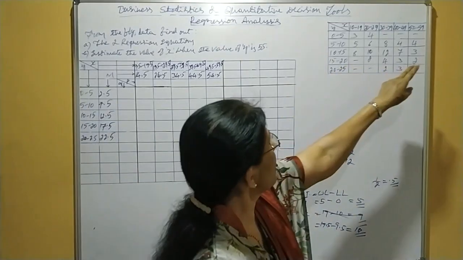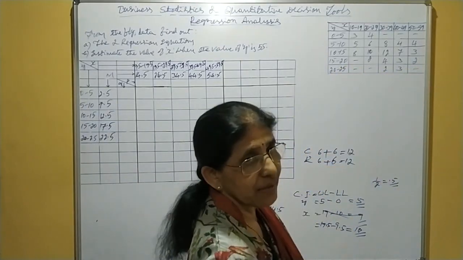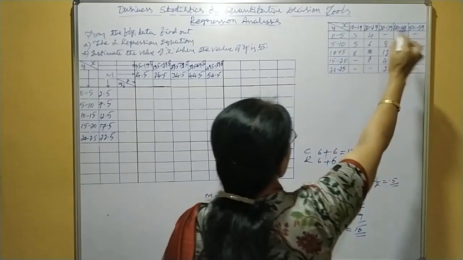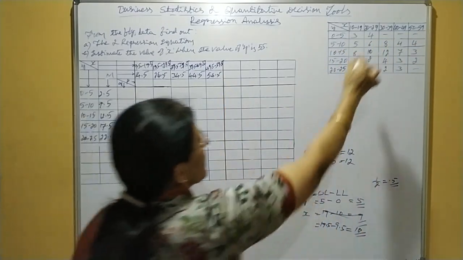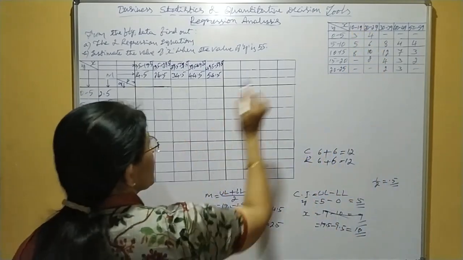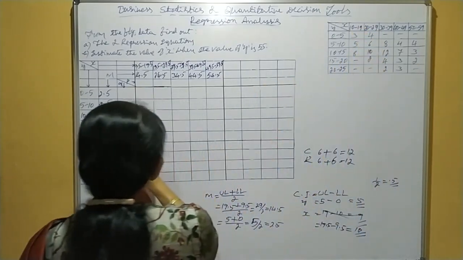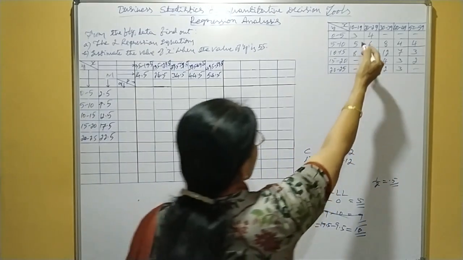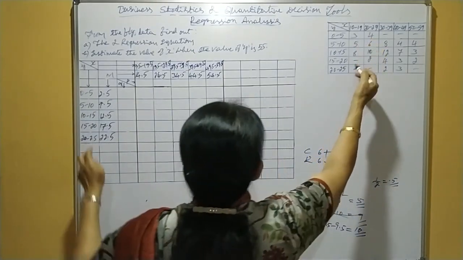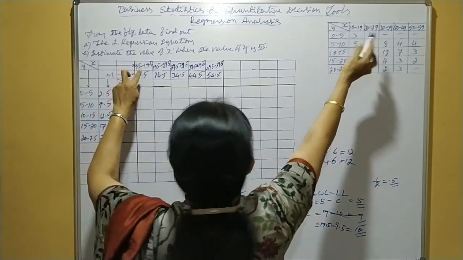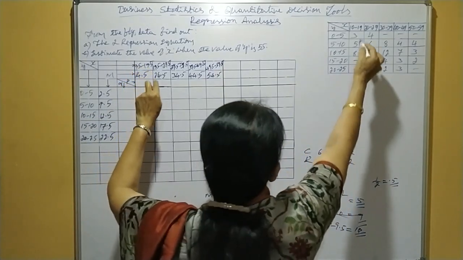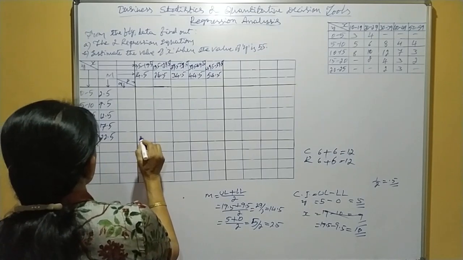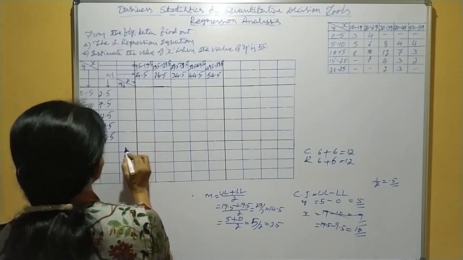Now when total column is not given, you have to take the total of rows to the column and total of columns to the row. Okay. Now here first column, that is corresponding to 10 to 19, means 9.5 to 19.5, that means it is what?